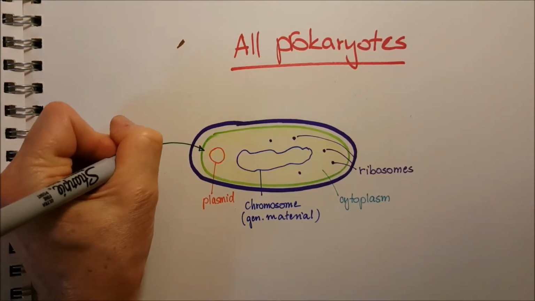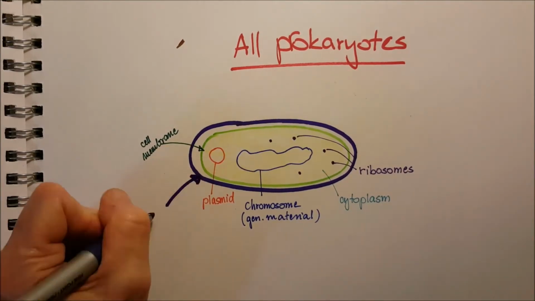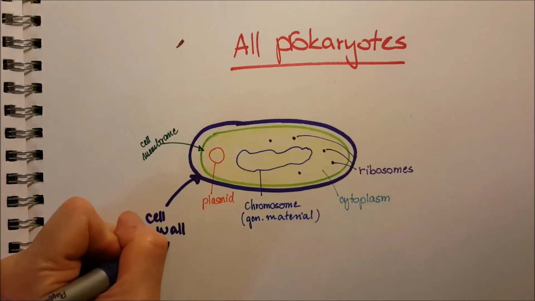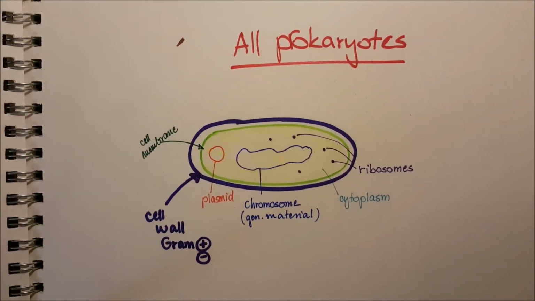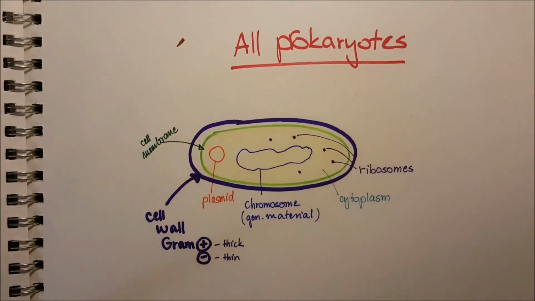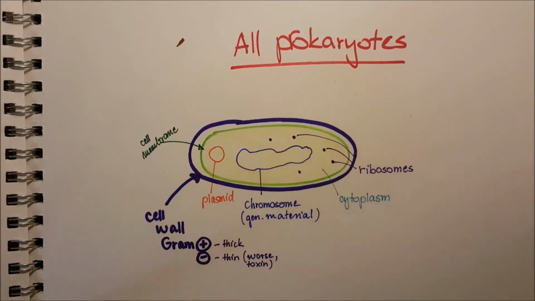Nearly all of the prokaryotes have a cell wall, and the cell wall provides physical protection for the organism, and it can be stained by Gram stain, and it can be positive or negative. The positive means it picks up the stain and doesn't let it wash out, so we call it Gram positive, and it means a thick wall.